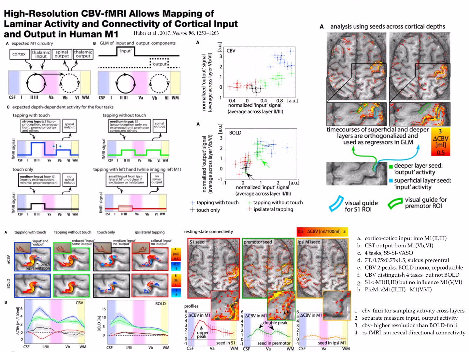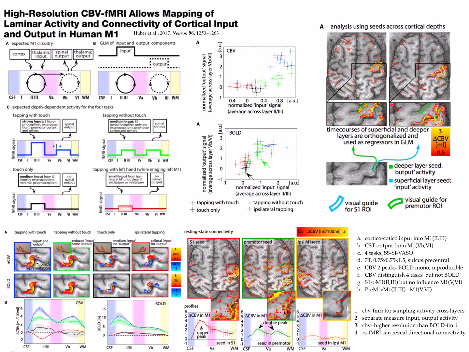We know the gray matter contains 6 laminae, from layer 1 to layer 6, from the superficial close to CSF to the deeper tissue close to white matter. As we know, cortical areas can send cortico-cortical input to layer 1, layer 2, and layer 3, and also some thalamic input to these layers.